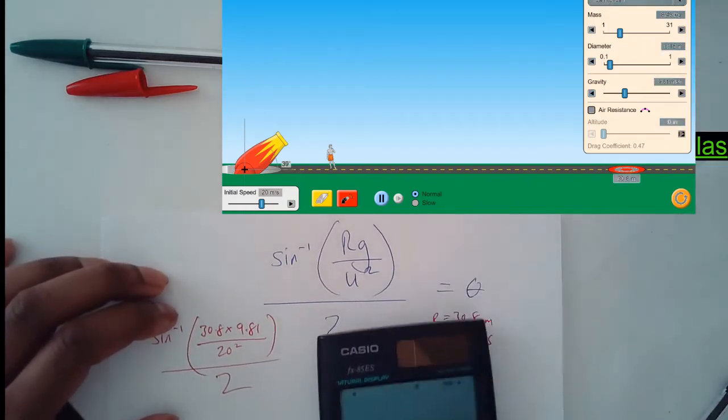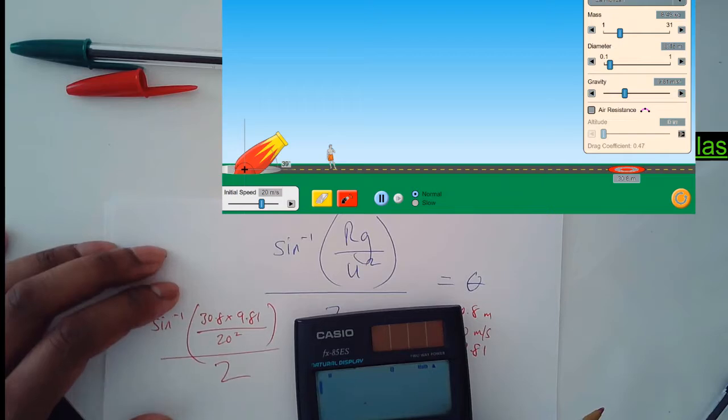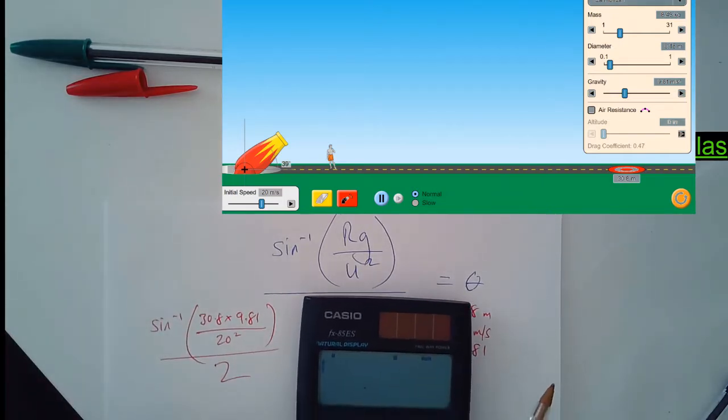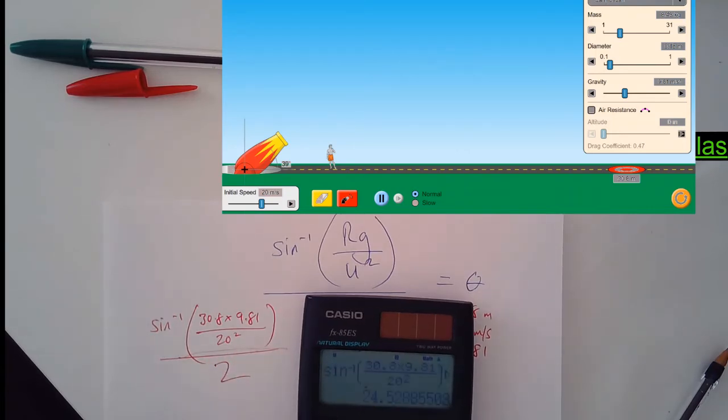Let's try this. Squared. Right, I can treat that as divide by 2. Divide everything by 2. 24.5.